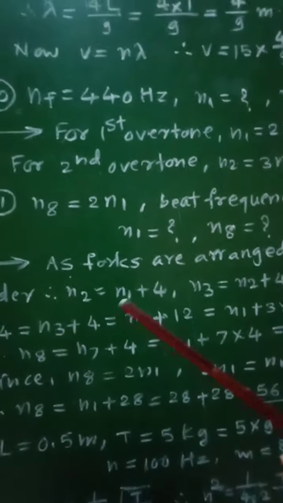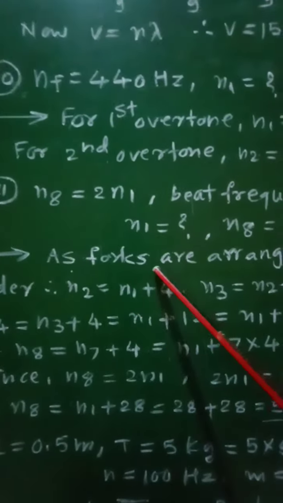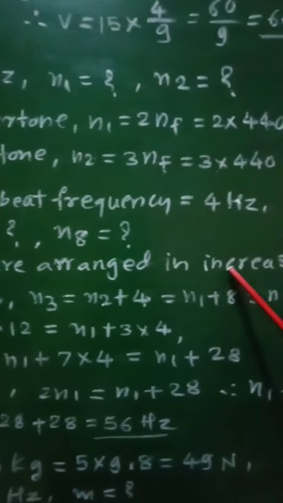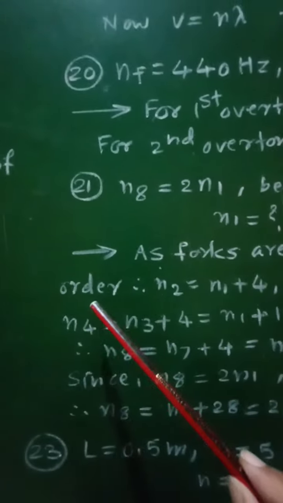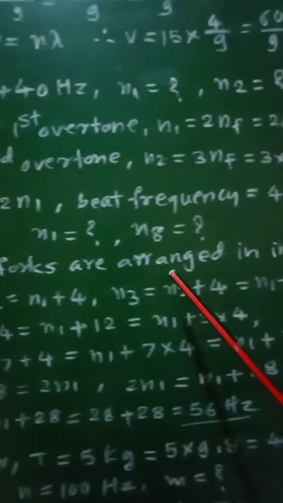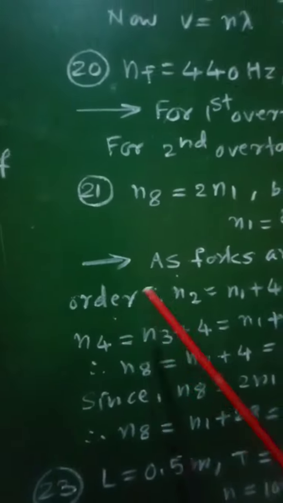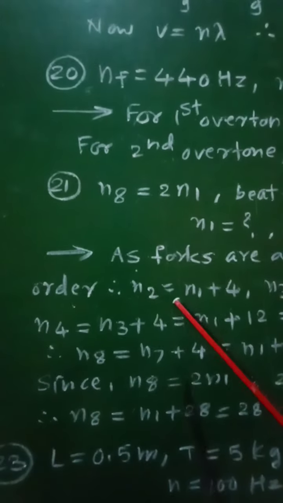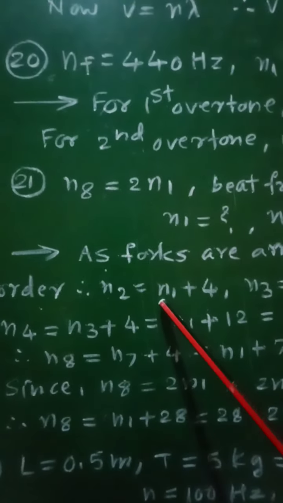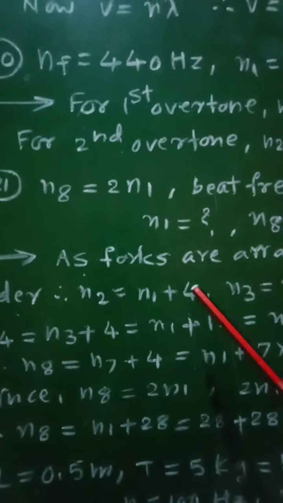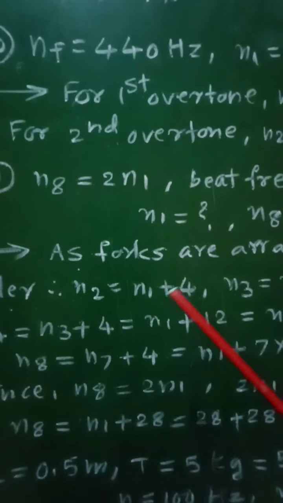As forks are arranged in increasing order of their frequencies, we can write N2 is equal to N1 plus 4, as beat frequency is 4.